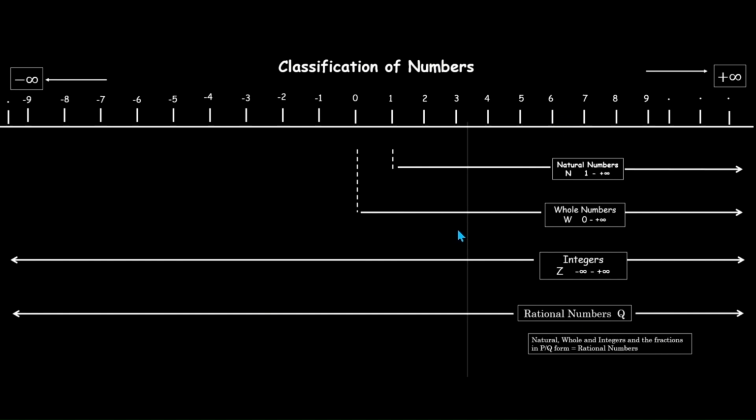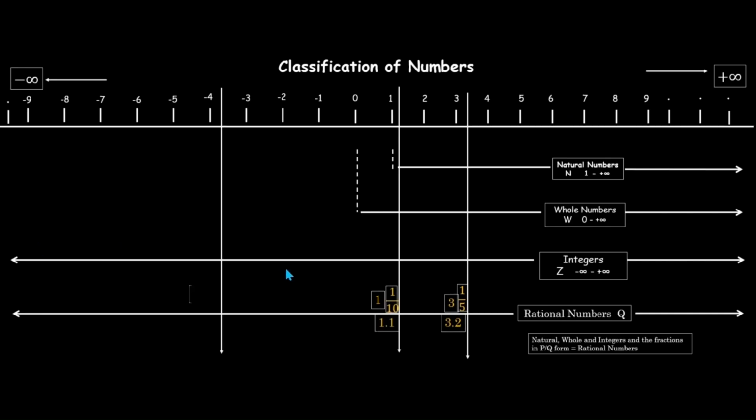Here are a few examples of rational numbers. This is 1 by 10 in fraction form and 0.1 in decimal form. And this is an example, 3 1 by 5 in fraction form and 3.2 in decimal form.